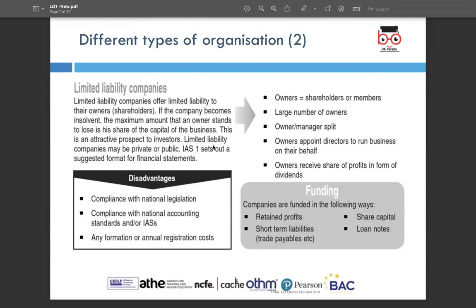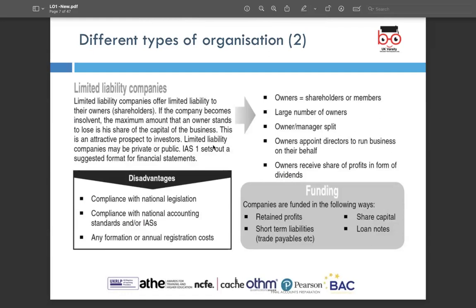A limited liability company can be structured as a private or public entity, with private companies typically having fewer regulatory requirements compared to public ones. Compliance with national legislation and accounting standards, including international accounting standards, ensures uniformity and transparency in financial reporting across jurisdictions.